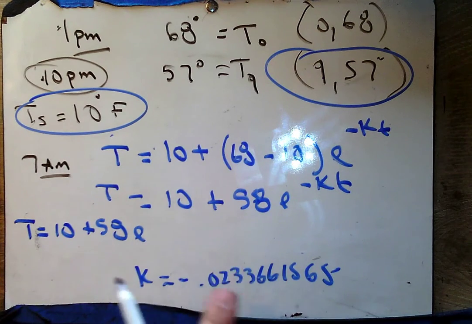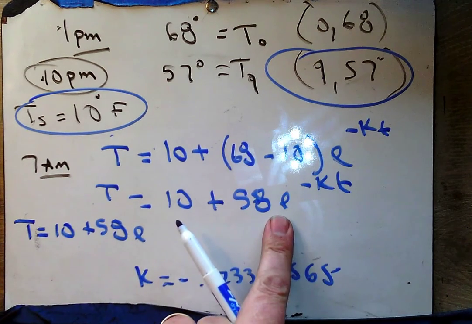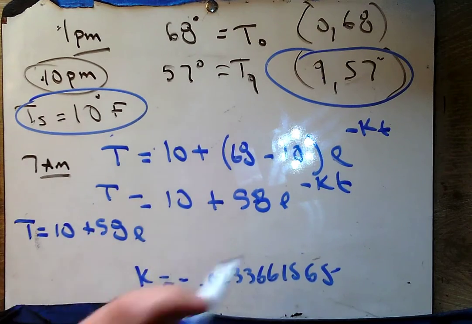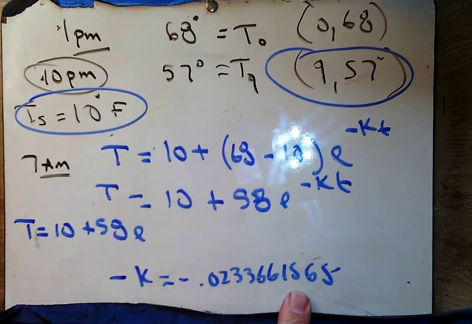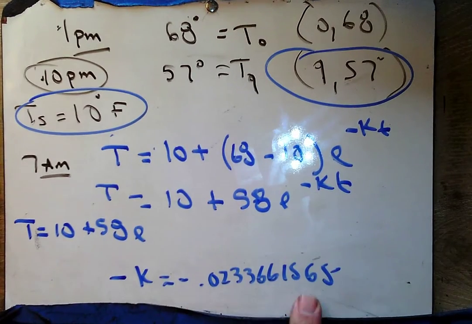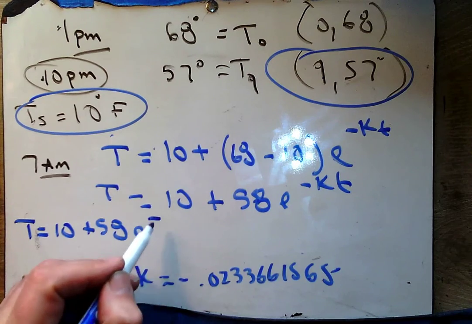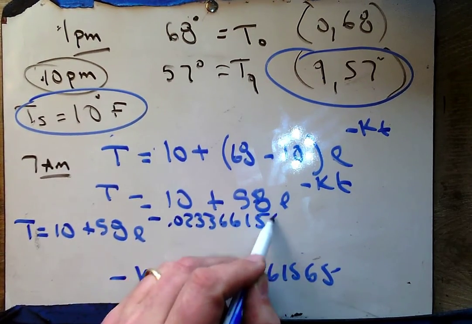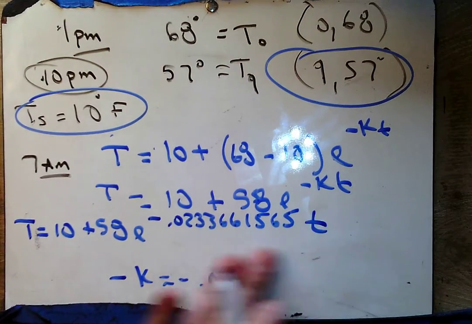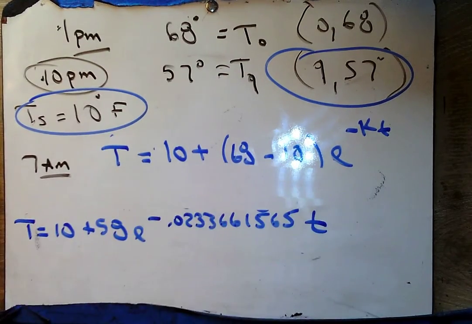No, because when I divided, I took the ln. That gets me negative k. Good. So negative k is that number. Okay. So I've got negative 0.023366165 t. Great.